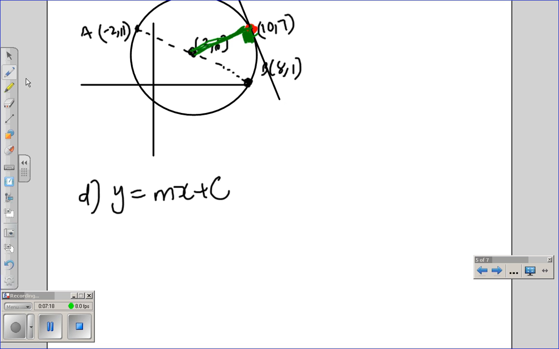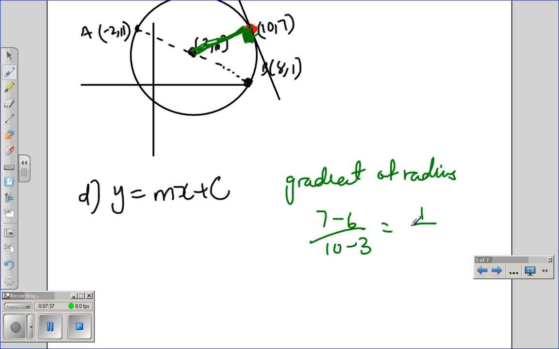The gradient of the radius that's in green is y2 minus y1 over x2 minus x1. So that's 7 minus 6 all over 10 minus 3, which equals 1 over 7. That's the gradient of that green line.